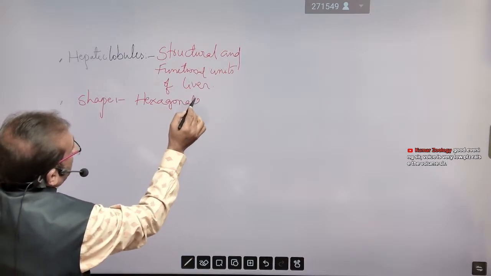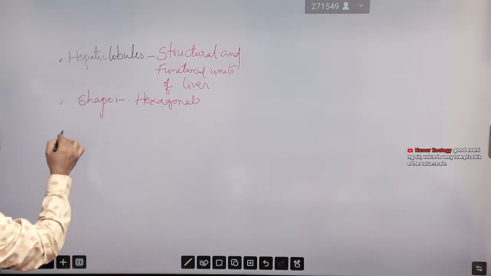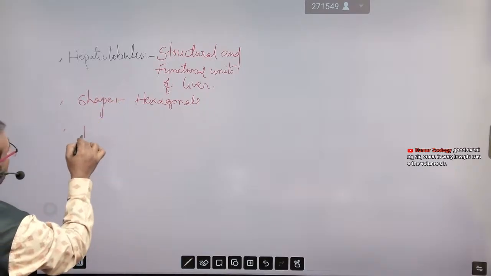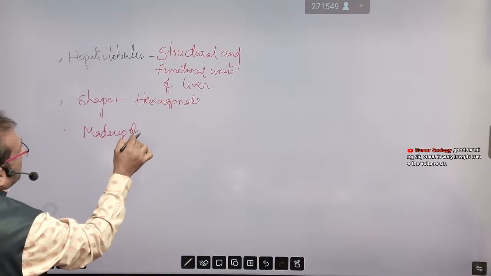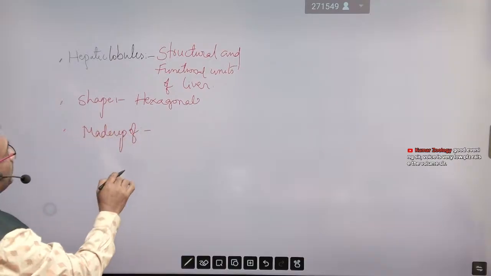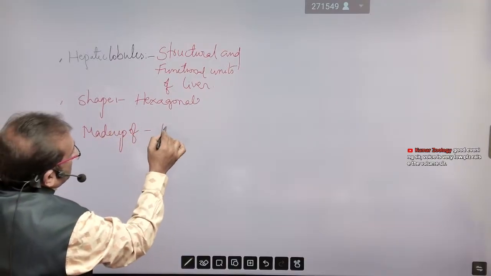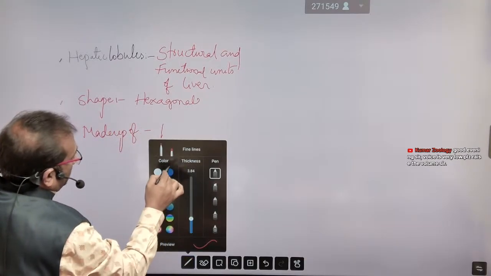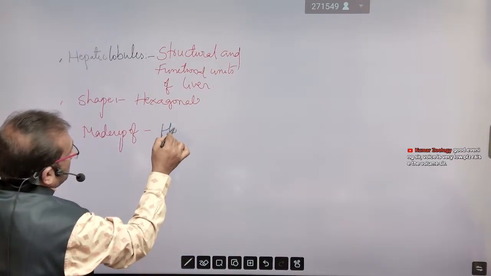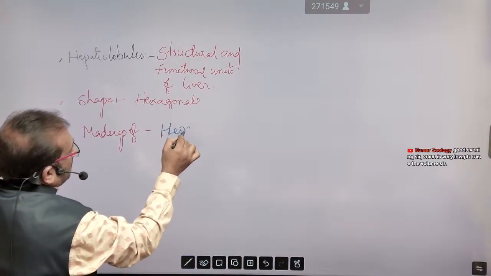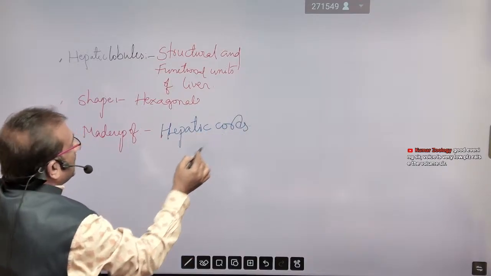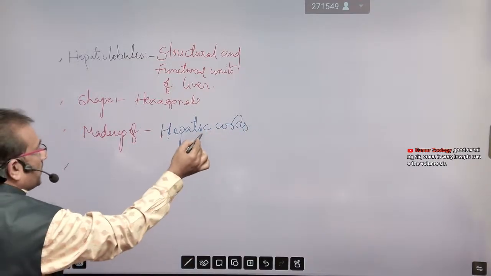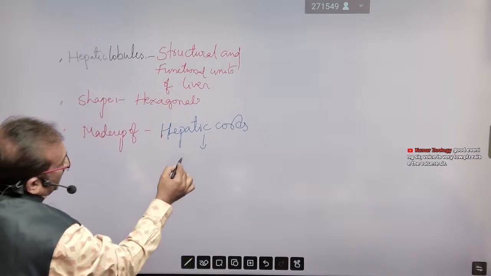Hepatic lobules are made up of hepatic cords, and hepatic cords are made up of hepatocytes.